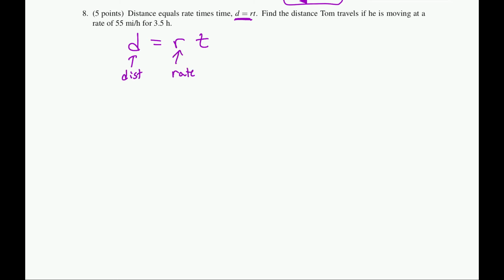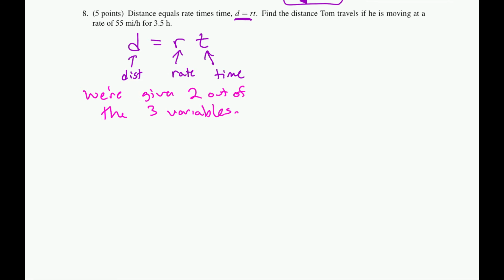Any of these problems, the way they're going to work is they're going to tell you 2 out of the 3 of these things: distance, rate, time. So we're given 2 out of the 3 variables. You just have to figure out which ones they are.